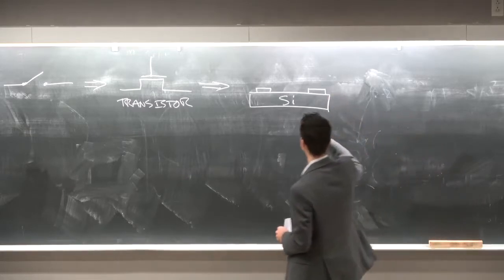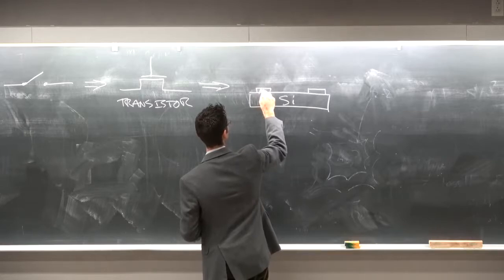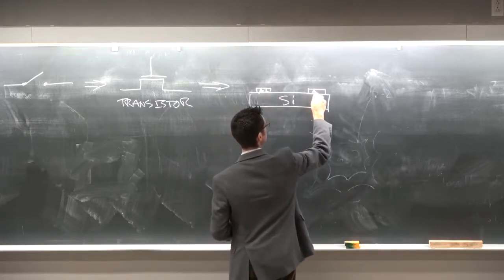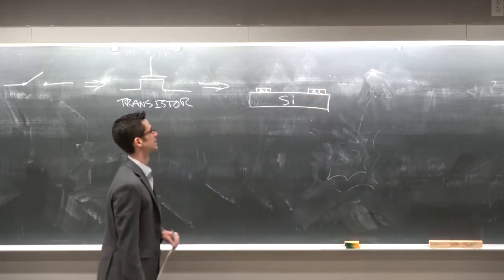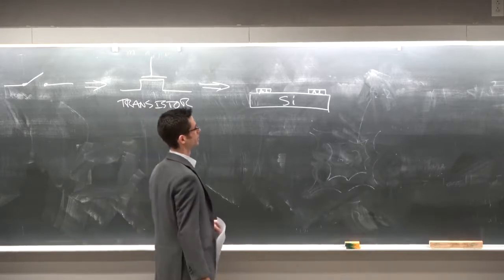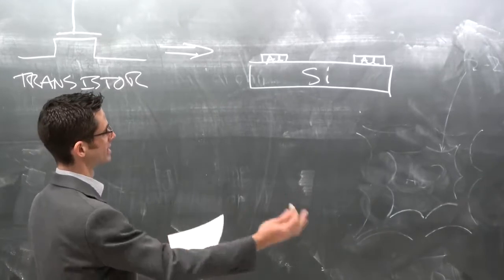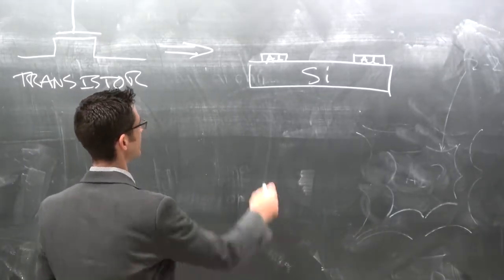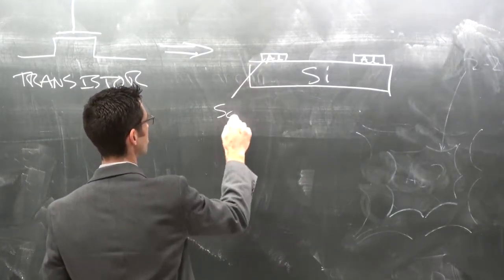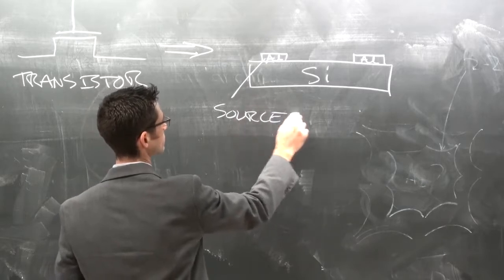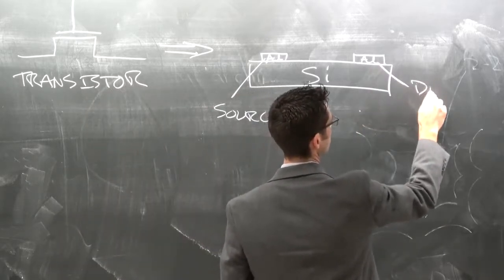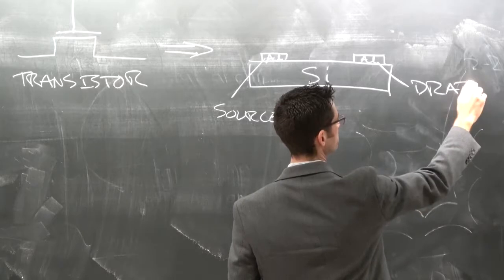And we have two contact pads. Let's say they are aluminum. Could be other metals, but let's say aluminum because it doesn't contaminate the silicon. We call this the source. We call this the drain.